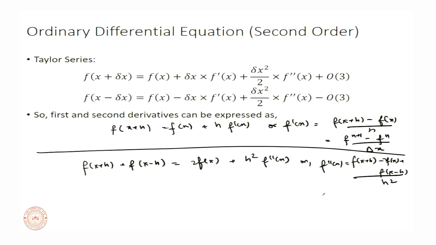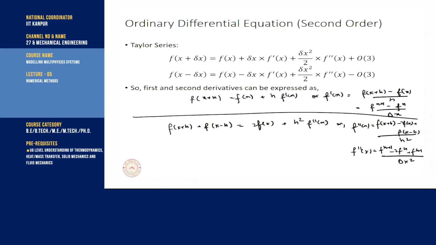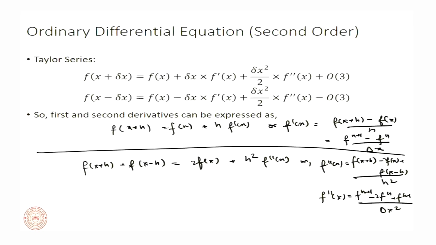This can be written as f double prime x equals f n plus 1 minus 2 f n plus f n minus 1 by delta x square. Okay, so the next point, the central point and the last point you take, so the right hand side point minus 2 times the central point plus the left hand side point divided by delta x square. Okay.